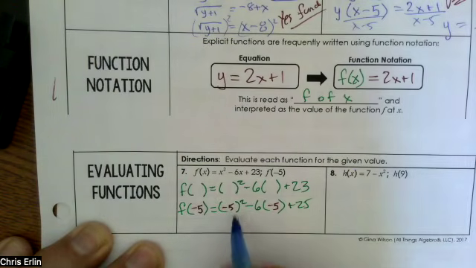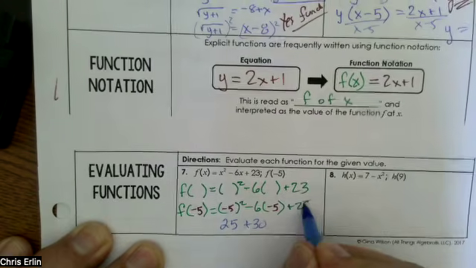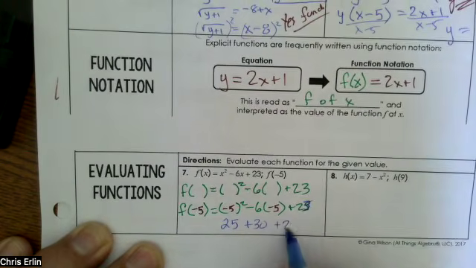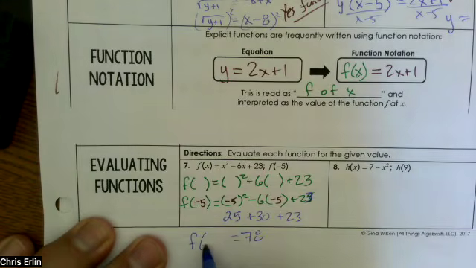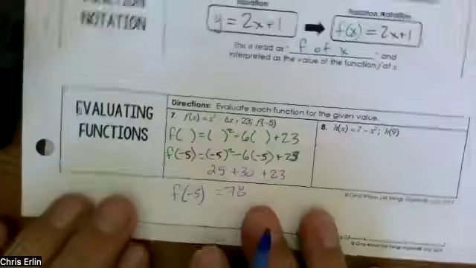And that shows me that -5 squared is 25. -6 times -5 is plus 30. Oh, I did get 23. Plus 23. So 48, 78. And what is 78? Oh, well, that's the value of the f function when I plug in an x of -5.